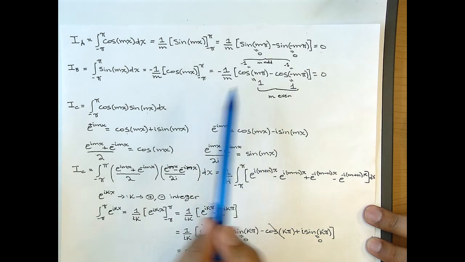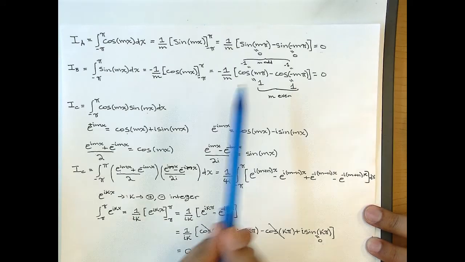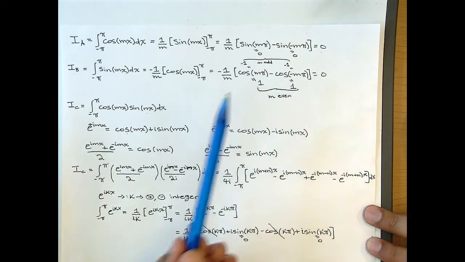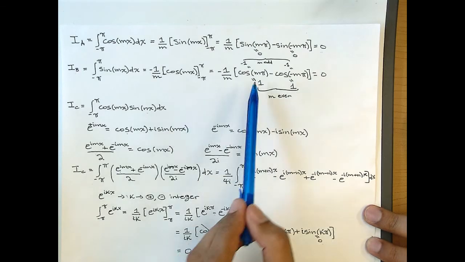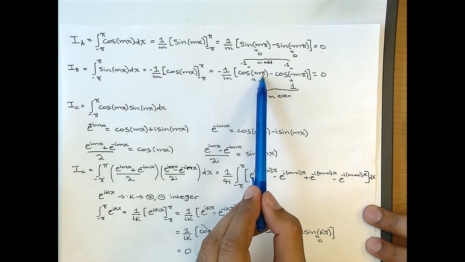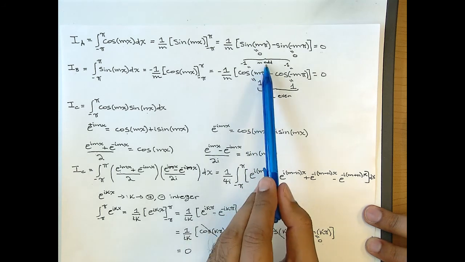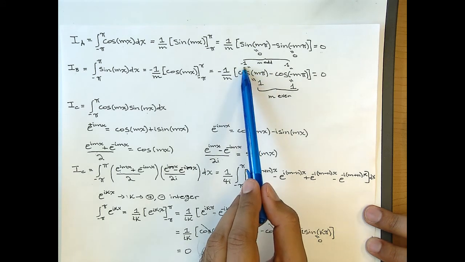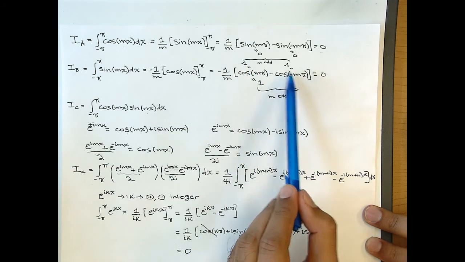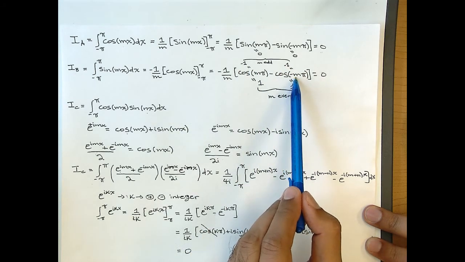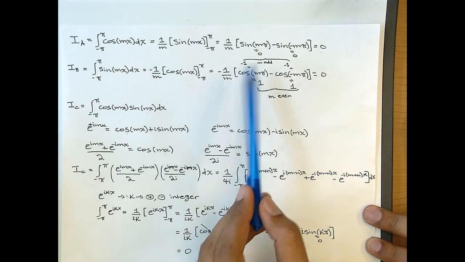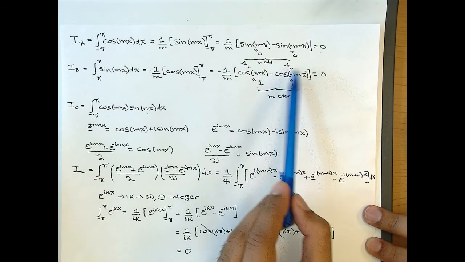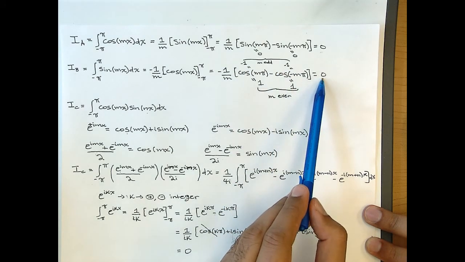Okay, and once we plug in the limits, here you have to be a bit careful, but either way you will get 0, because the cosine of m pi when m is odd is negative 1. Okay, and this is also going to be negative 1. This is just minus m pi, so this is also negative 1. So this negative 1 minus negative 1, well, that's negative 1 plus 1, and that goes to 0.